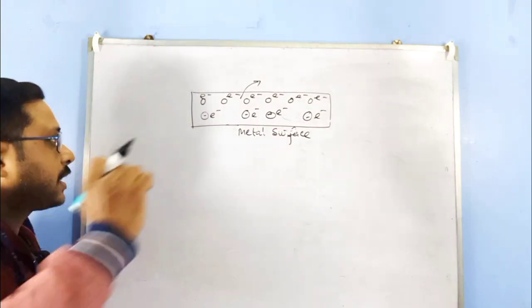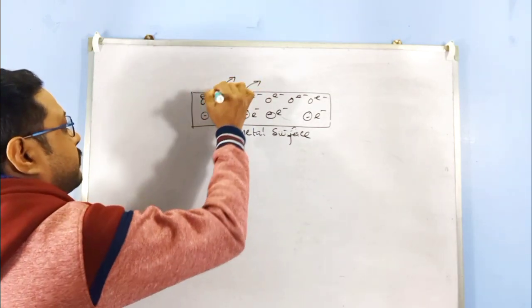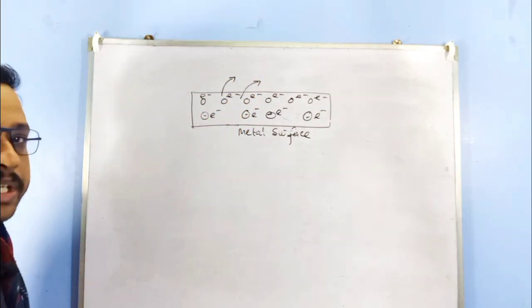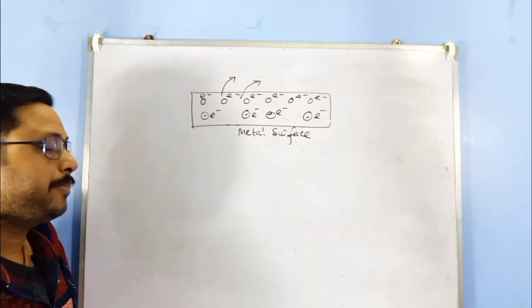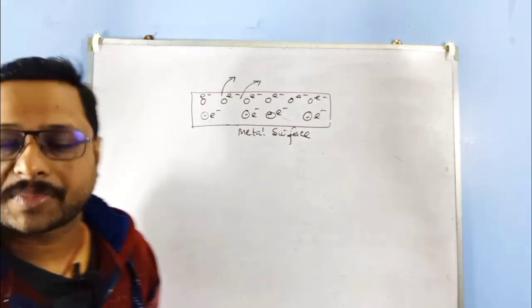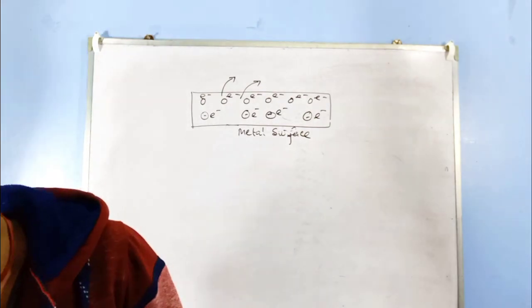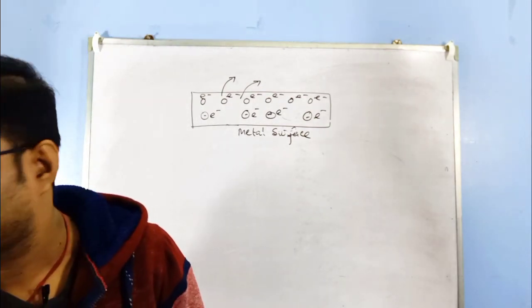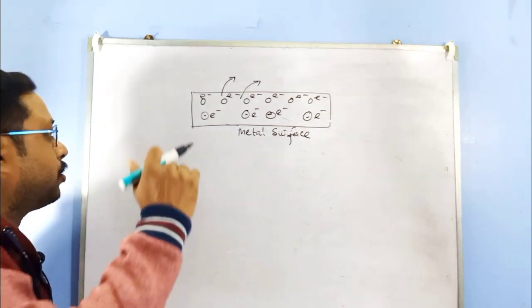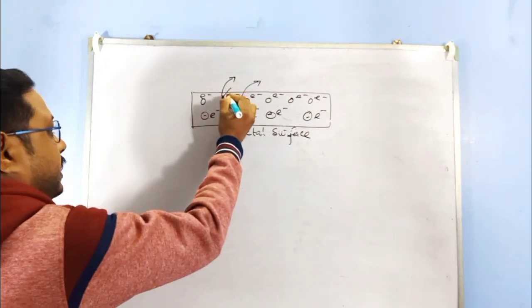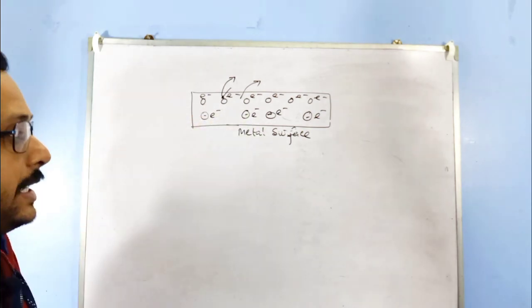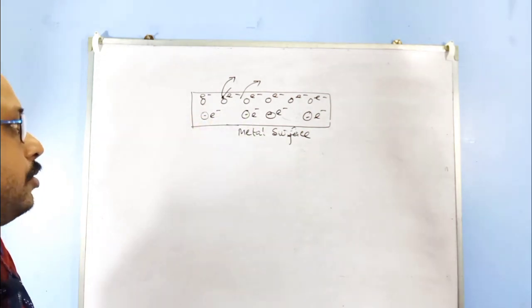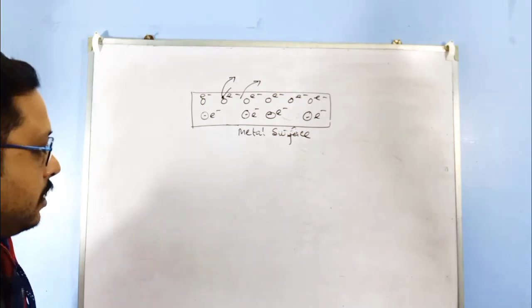Now, when an electron comes out from the metal, an equal positive charge will be created there. As a result, a barrier is created on the surface which pulls back the electron towards the metal. So, we have to give additional energy to the electron to leap out from the metal.